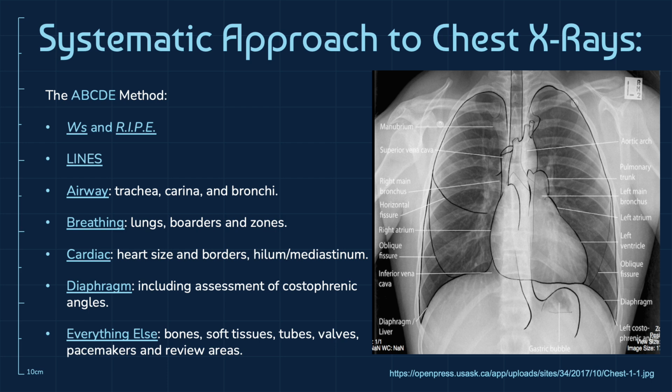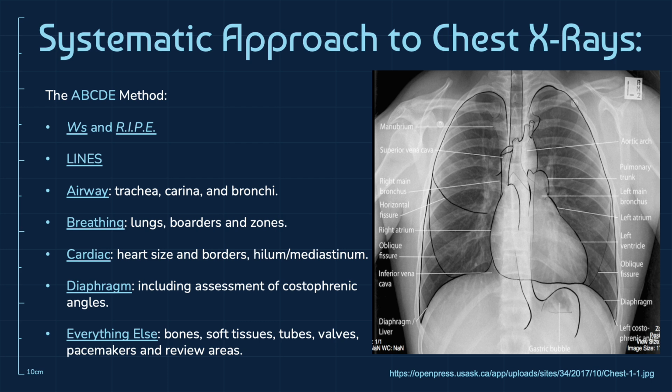But before we get to the A, the first thing we want you all to look for are lines. Now, when I say lines, I'm talking about endotracheal tubes, chest tubes, nasogastric tubes, pacemakers, whatever lines that are usually inserted inside of a patient's body. Usually you can determine those by checking the patient's notes or history, or by looking at the chest X-ray yourself.